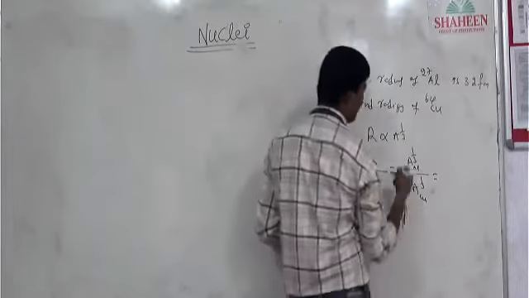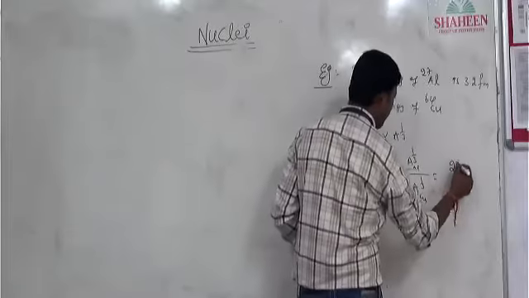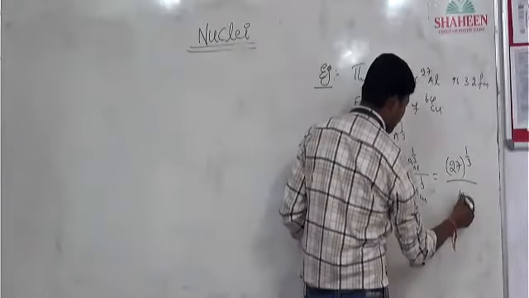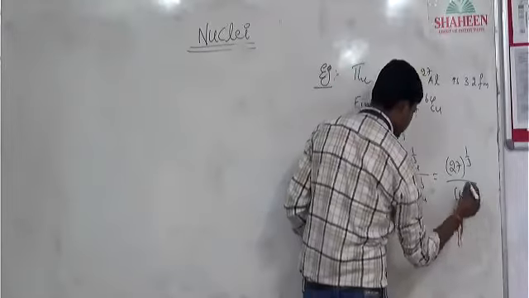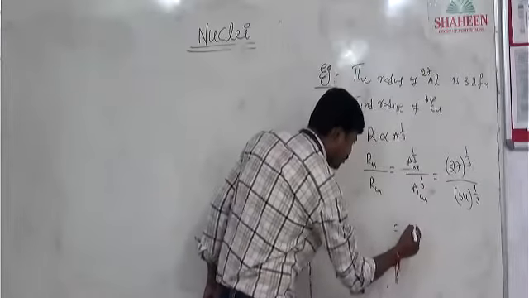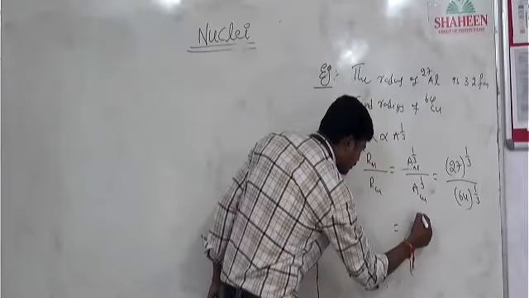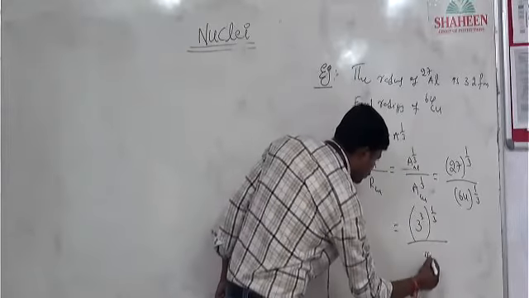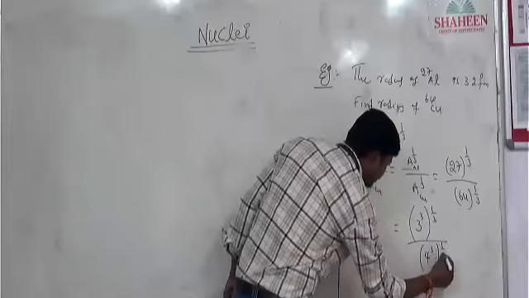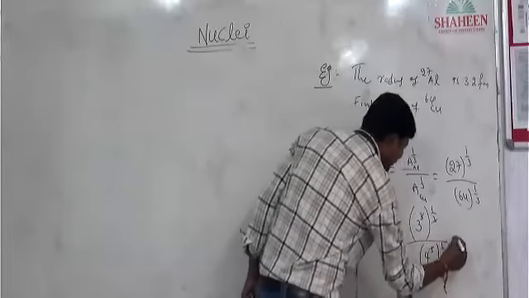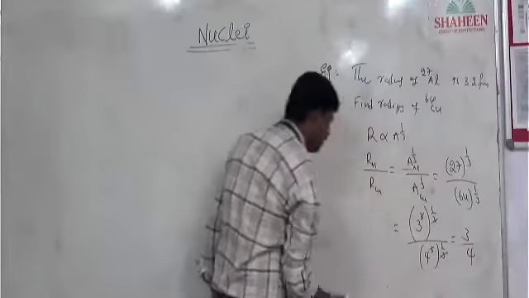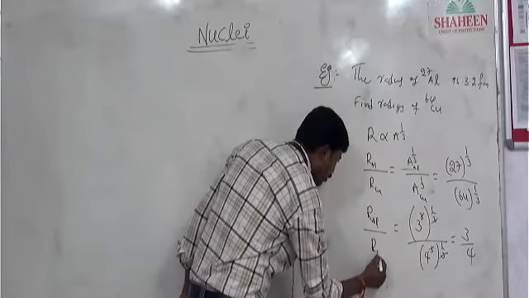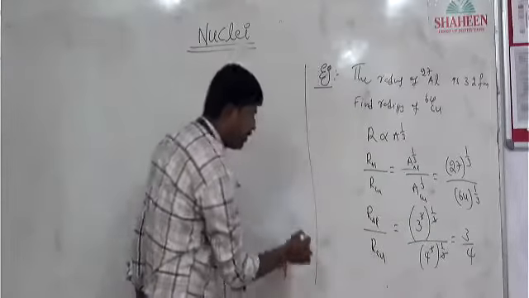So 27 whole power 1 by 3 and 64 whole power 1 by 3. Correct? 27 I can write as 3 cube, to the power 1 by 3, and 64 I can write as 4 cube, to the power 1 by 3. So the 3 cancels, it will be 3 by 4. The ratio of aluminum radius to copper radius we got as 3 by 4.